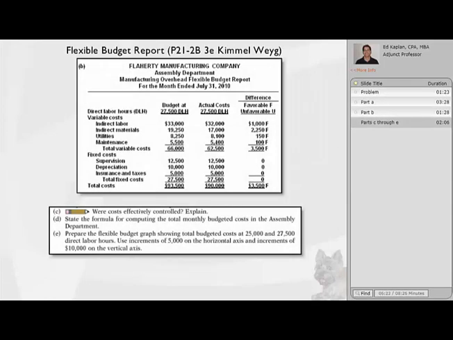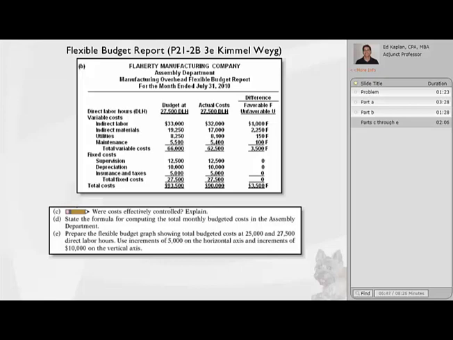Okay, next we answer Part C, which says, were costs effectively controlled? And what we see is that based on the budget report that you see, control over cost was effective. We had favorable differences for variable costs, and of course fixed costs, there was no differences between budgeted and actual cost.